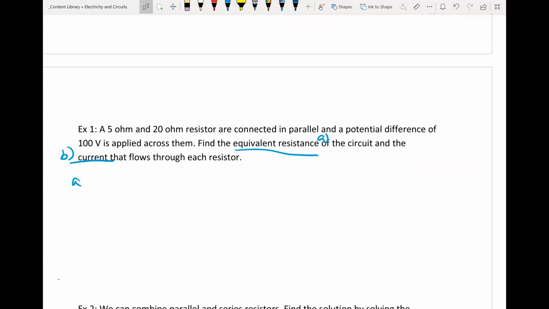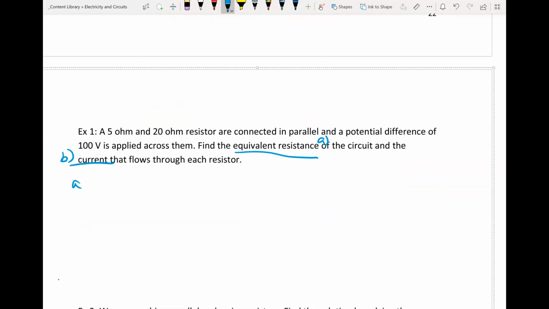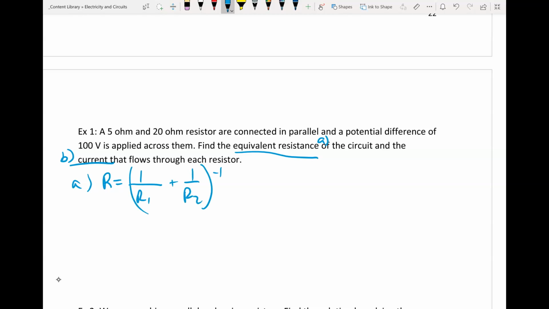So we know that then R is going to be equal to 1 over R1 plus 1 over R2, and then taking the inverse of it.